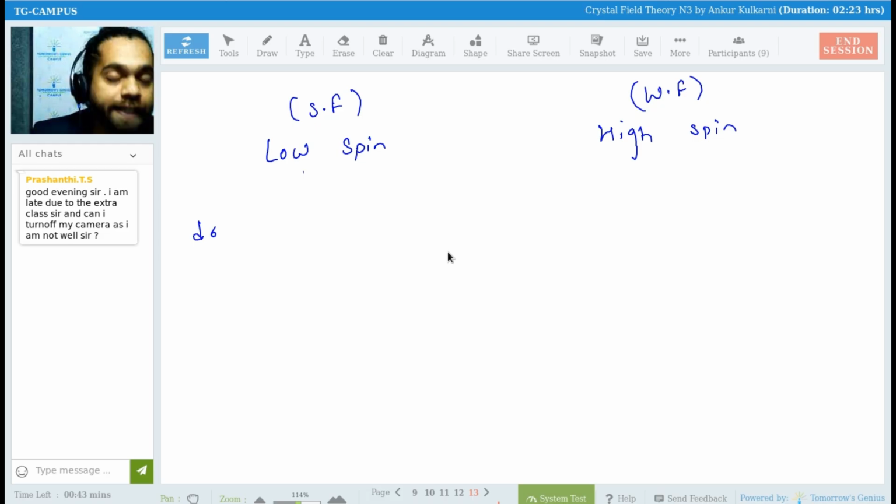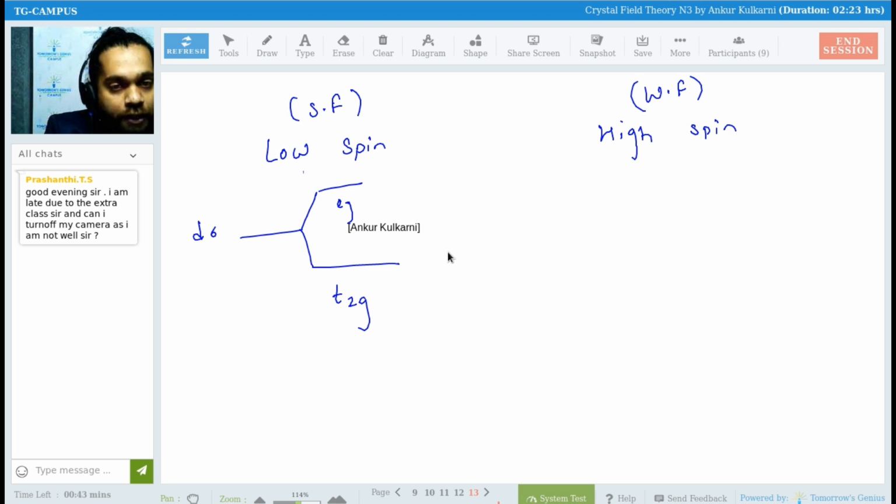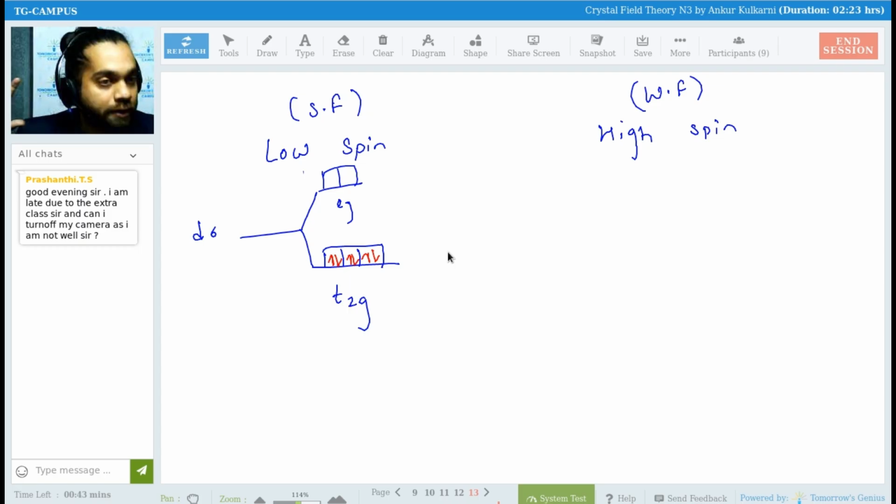Why? Look over here. D6. So how did we fill the electrons? We have two T2g down, Eg at the top. In the strong field ligand, you have filled the electrons like this: 1, 2, 3. Then the fourth electron did not jump up. It paired over here. 4, 5, 6. So over here, everything is paired.